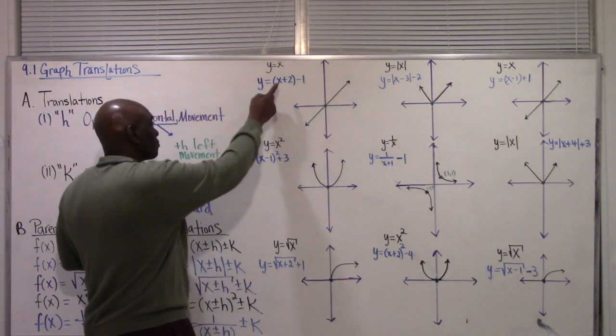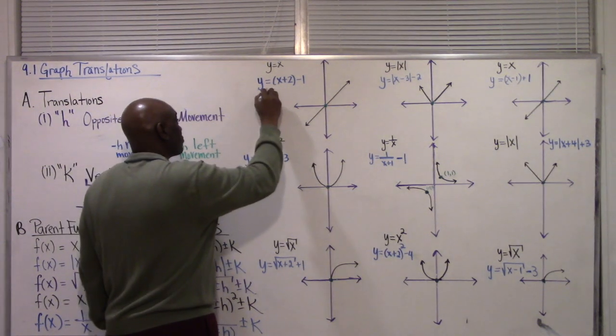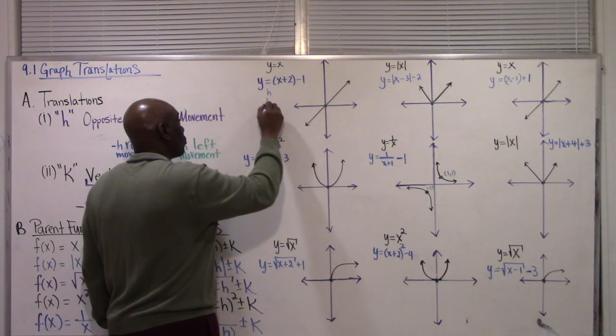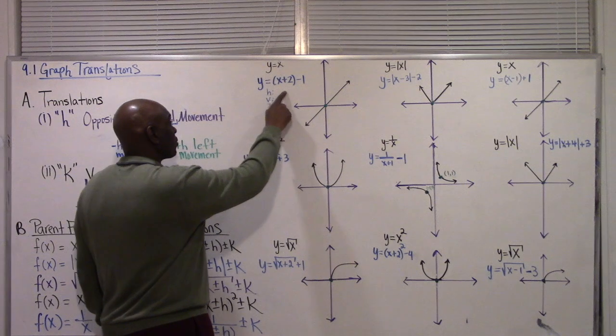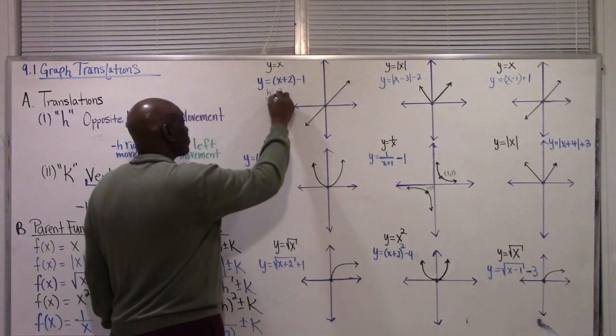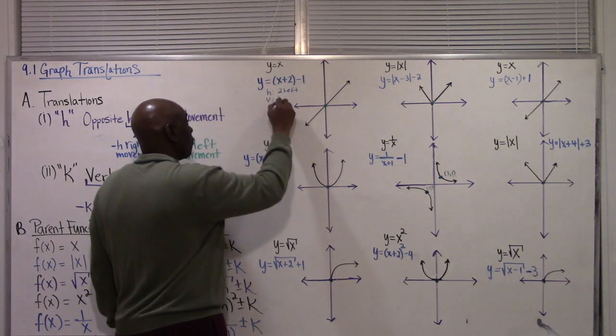So for the first one, let's look at the horizontal movement first, and then the vertical movement. This says 2 left and 1 down.